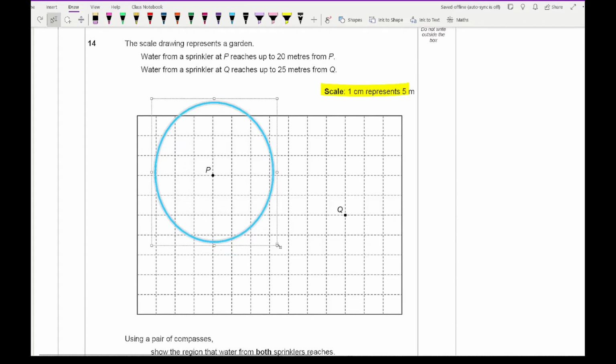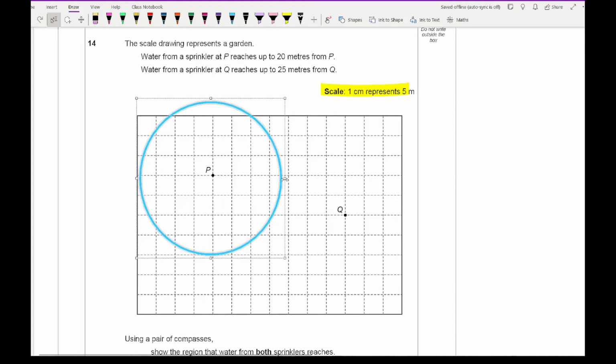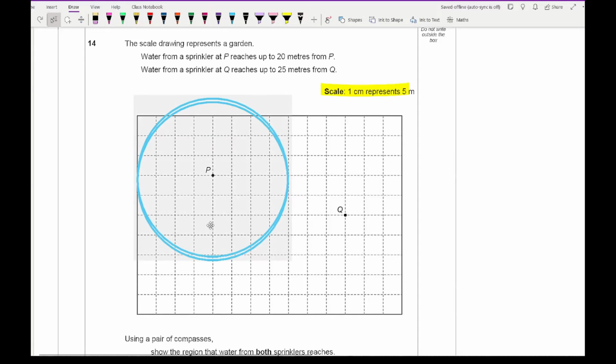Again, it's not the easiest to do on the computer, so let me tinker with it slightly. We should get something that looks like this, and yours will be a whole lot more accurate.